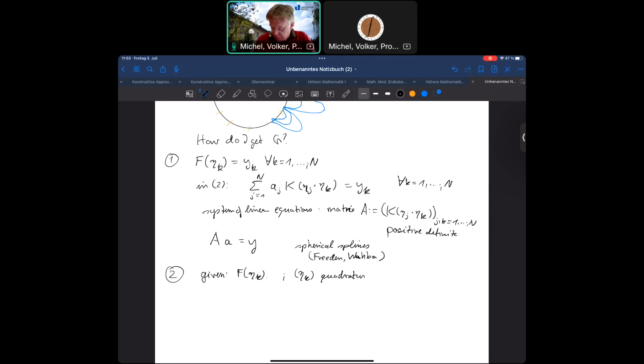Some people say cubature grid, it doesn't matter. It's a grid for numerical integration. So if you have an integral over some function g on the sphere, then you would know that this is approximately the sum j equals 1 to capital N of so-called weights times g of eta j.